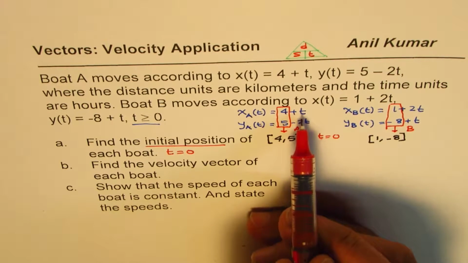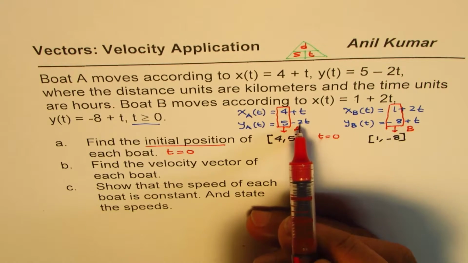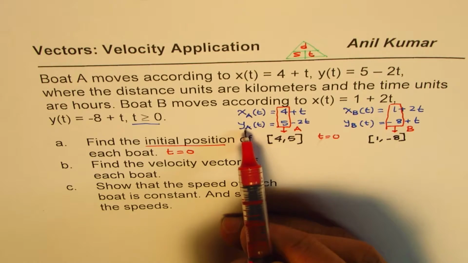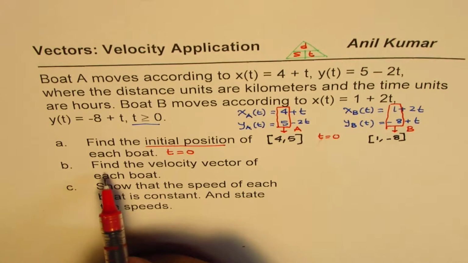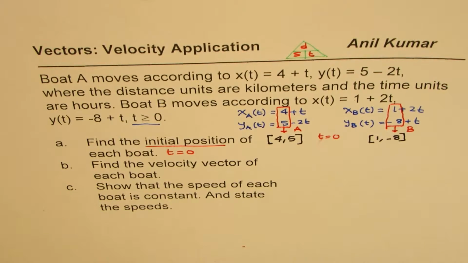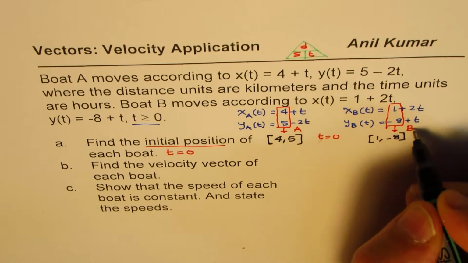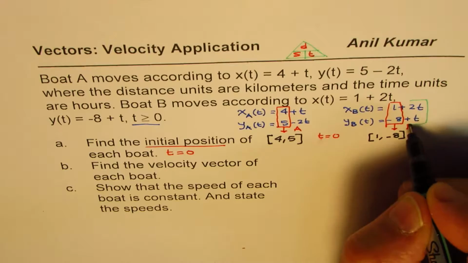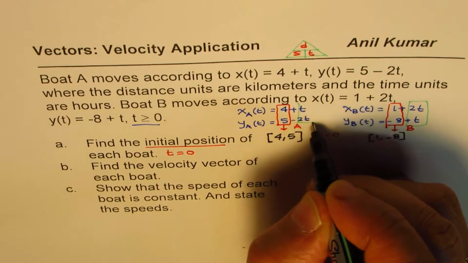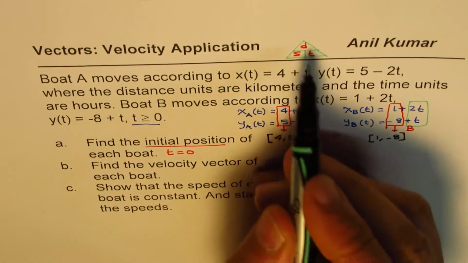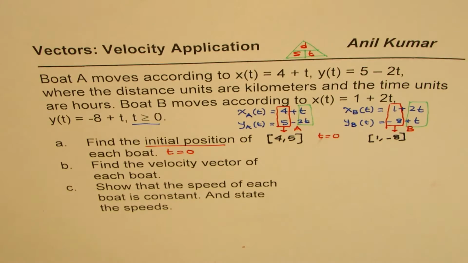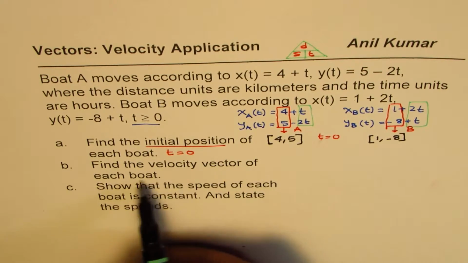So this is 2t. 2 is part of the velocity vector along the y direction. Do you get the idea? And t is time. So the velocity vector is given by this part of the equation, time into velocity. So find the velocity vector of each boat.